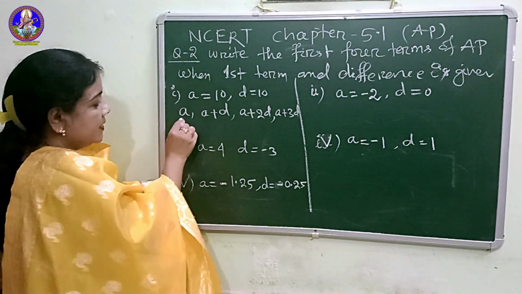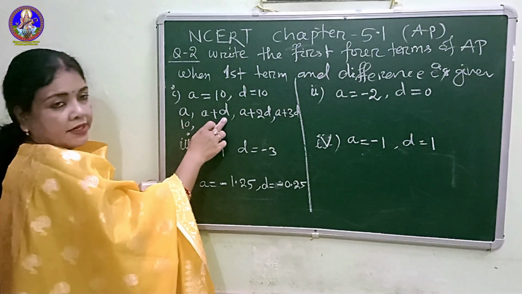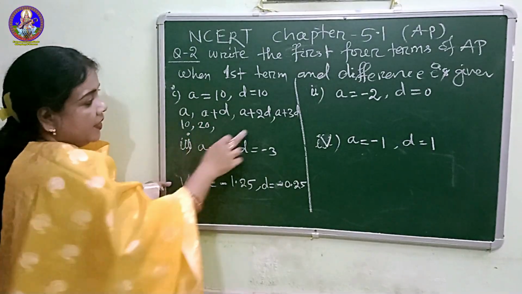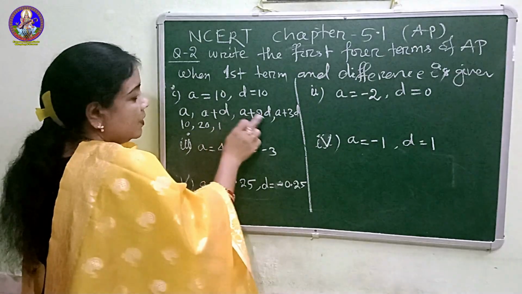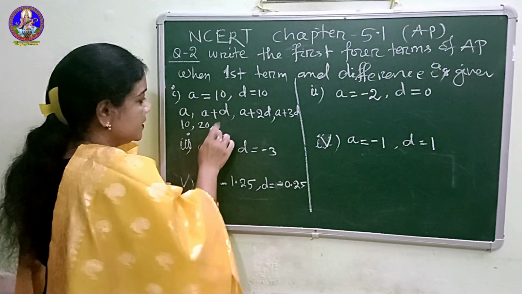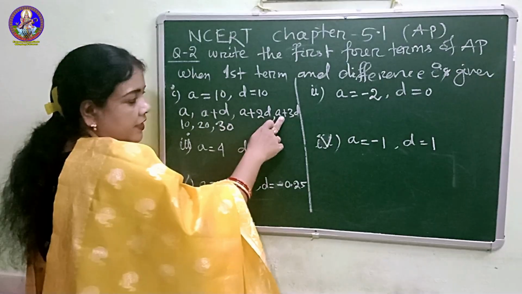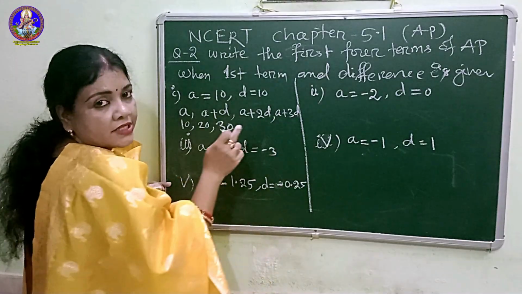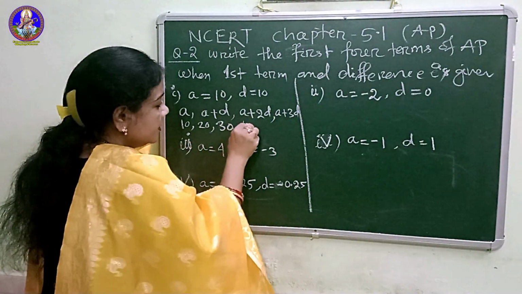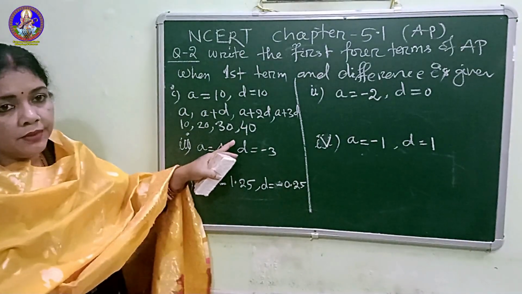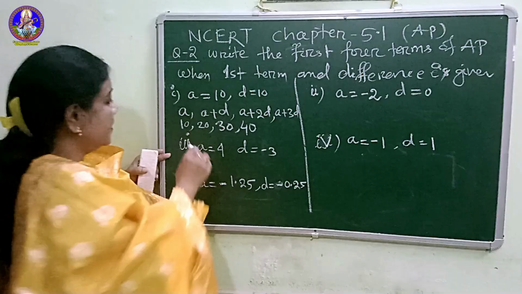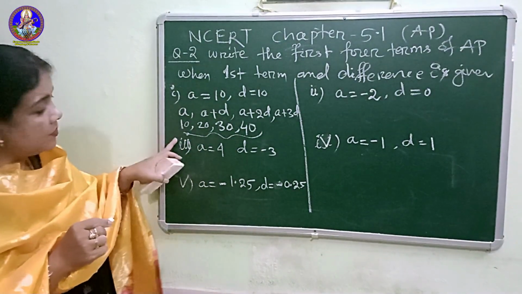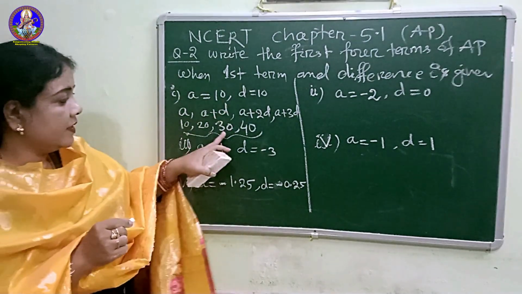So here a is 10, a plus d means 10 plus 10 is equal to 20. A plus 2d, 10 plus 2 into 10, that means 30. Next a plus 3d means 10 plus 3 into 10, that is 40. So these are the 4 terms in AP where the first term is 10 and the common difference is 10.